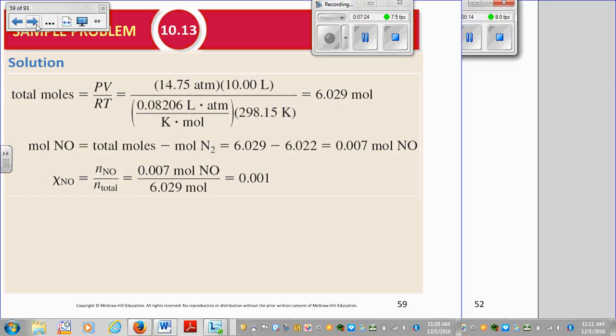I was just thinking of another place you might want to know the mole fraction, to make sure you got the right mixture: in an operating room, if you're giving someone anesthetic. You want to know what the mixture is, so that you want them to go to sleep, but you don't want them to go to sleep permanently. And you certainly don't want them waking up in the middle of the surgery.